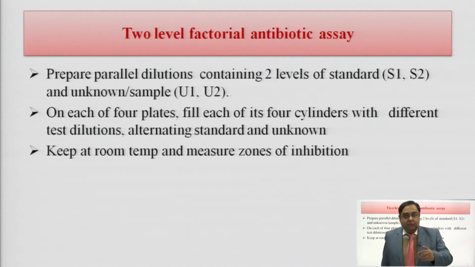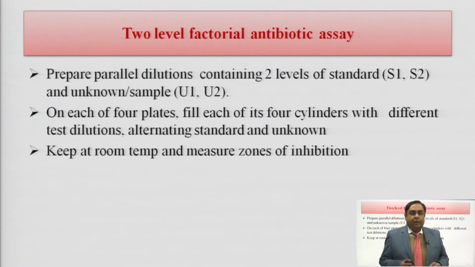In fact, that is the reason why we call this method the two level factorial assay of an antibiotic. And in each of these four plates, fill each of its four cylinders with different test dilutions, that is, we fill alternately with S1 and S2, U1 and U2.